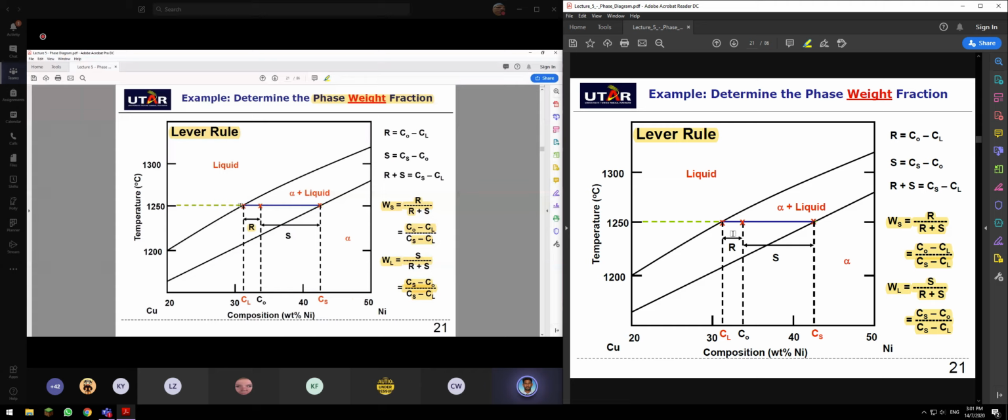This is the liquidus line. If you want to find the phase amount of liquid, you take S divided by R plus S. S is CS minus C0, divided by CS minus CL.